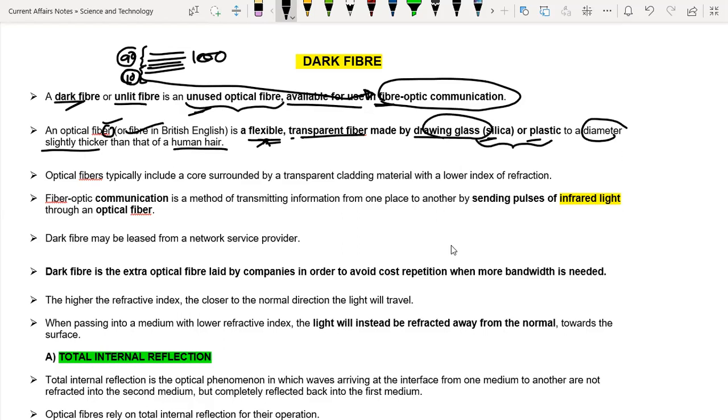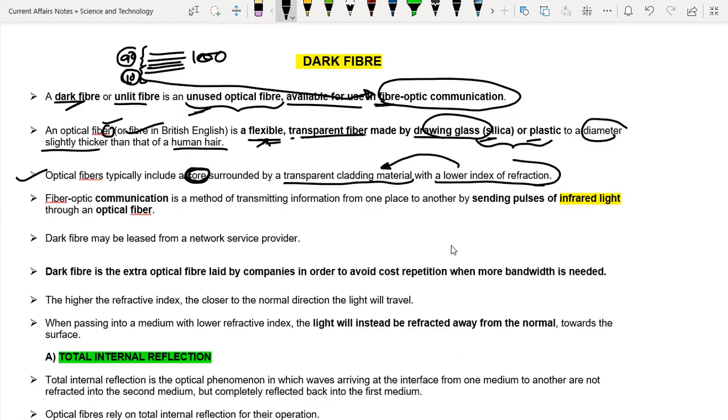The third point is the structure of optical fiber. It typically includes a core surrounded by a transparent cladding material with a lower index of refraction.